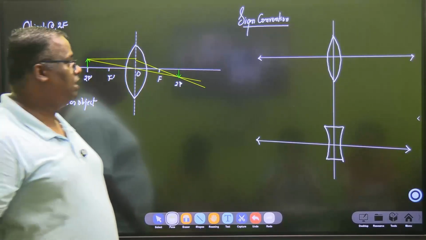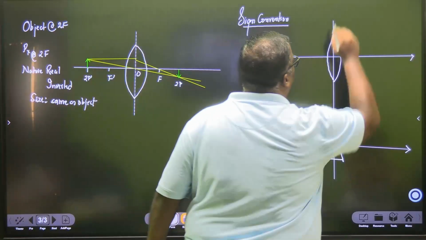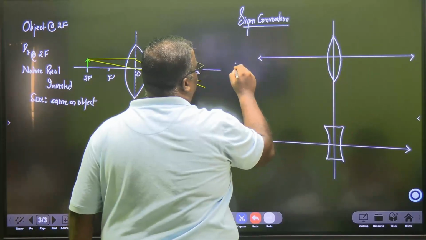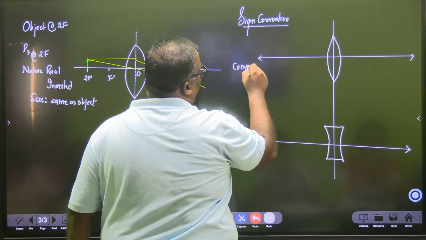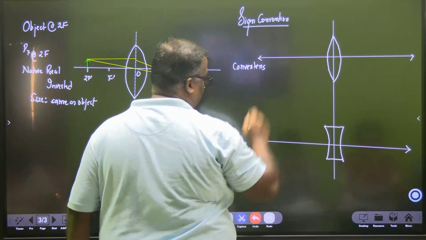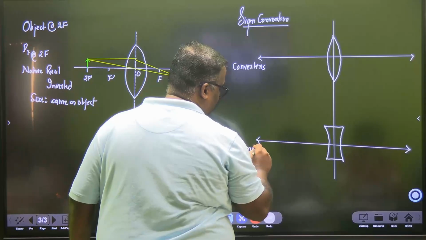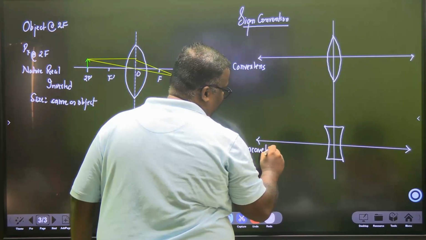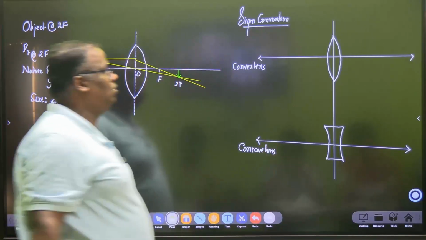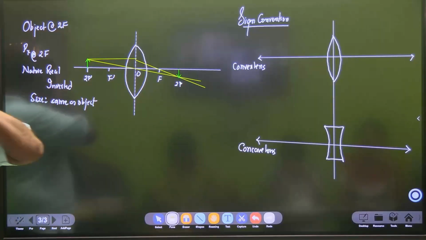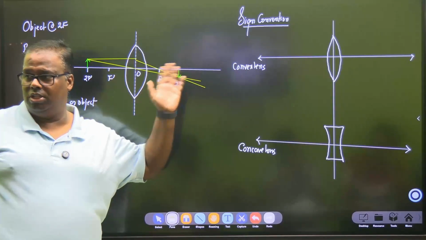Can we start sign convention? Concave lens, convex lens. Number one, object will always be placed on the left hand side.